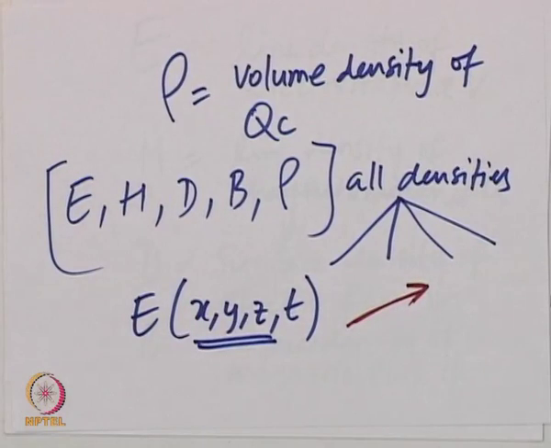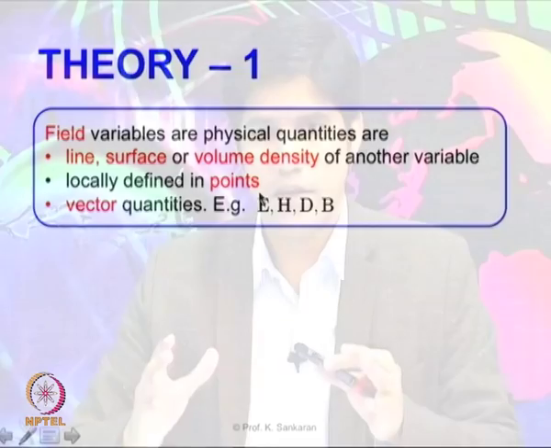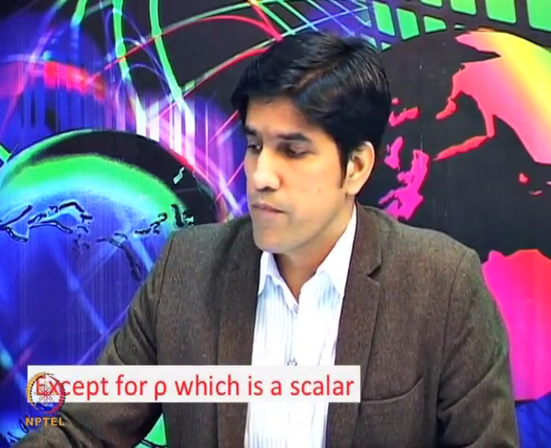So with this we are able to understand that the field quantities are fundamentally line, surface or volume densities. The main point here is they are associated to points but not associated to the fundamental topological objects they are. We are associating all of them, irrespective of their topological association, to a particular point in space and of course in time, and they are all vector quantities.